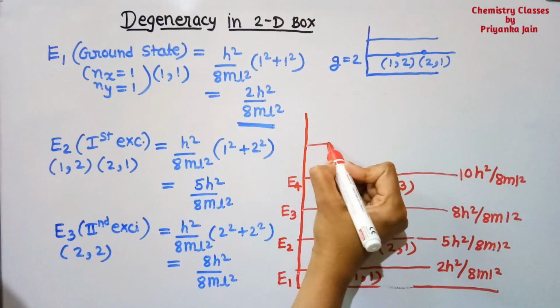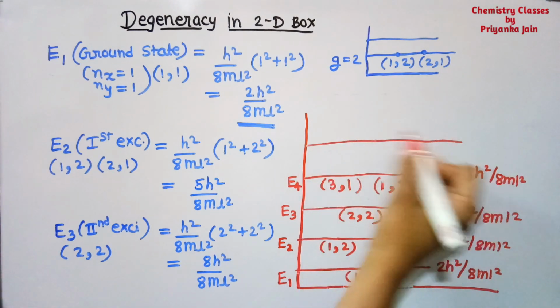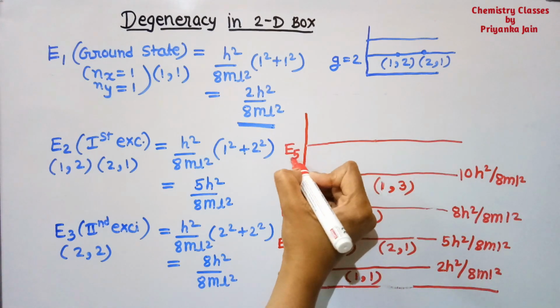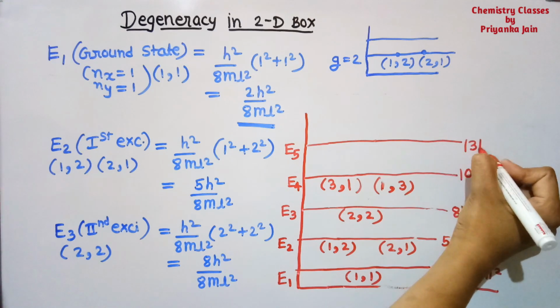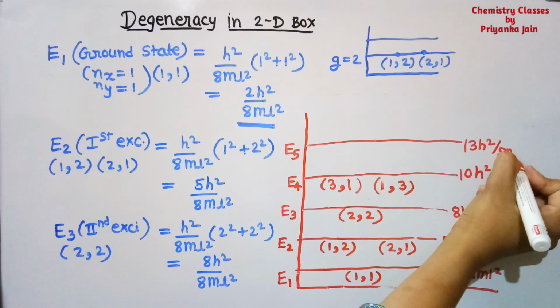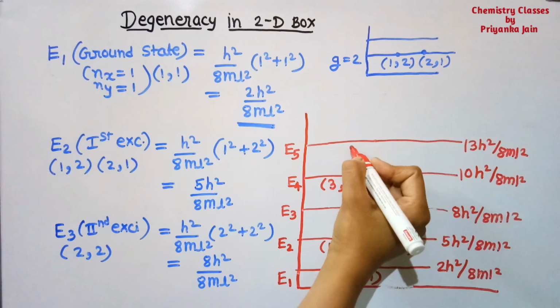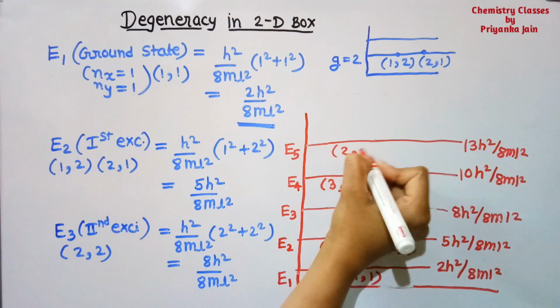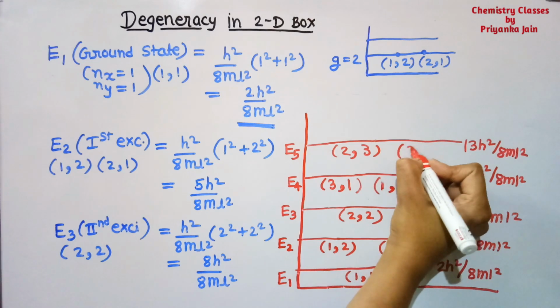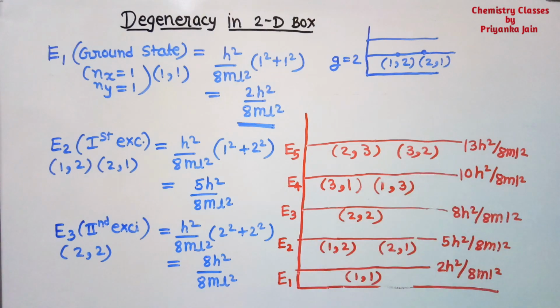Similarly, if we are doing it for E5, then the energy will be equal to 13h² upon 8mL², and here the levels will be (2,3) and (3,2).